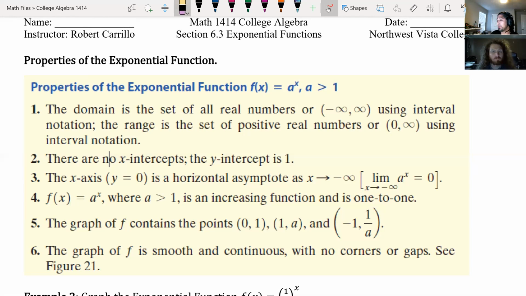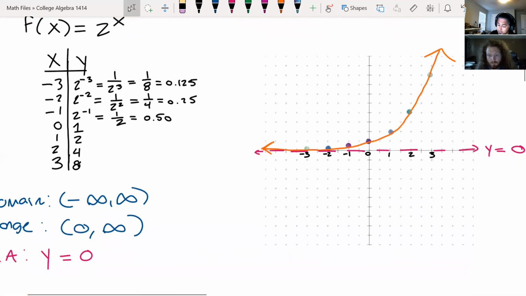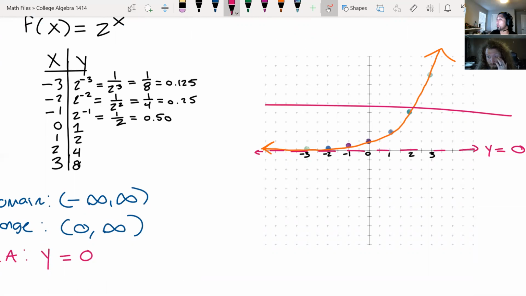The exponential function where the base is greater than 1 is an always increasing function, and it's a 1-to-1 function. That's everything on this one. This is always increasing. And if I drew a horizontal line through it, we would only intersect it once, which means it's 1-to-1. What's important about being 1-to-1?